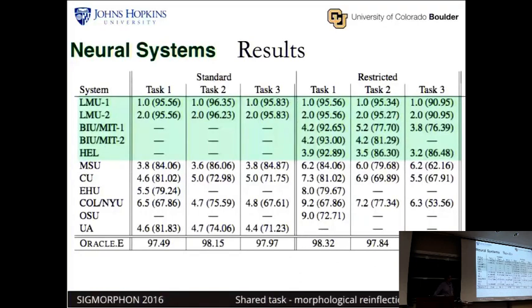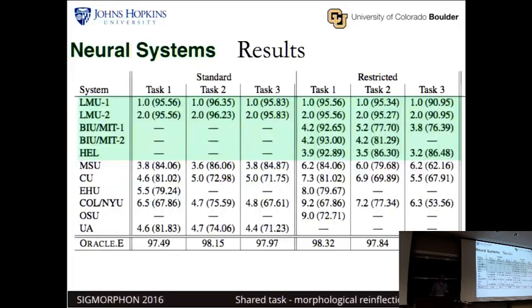What's the first number outside the parentheses? That's the average rank of the system across all the languages in that task. And the standard and restricted had to do with how much of the data you could use for training, whether you could use data from other subtasks to augment the training set that we gave you for the task you were using.